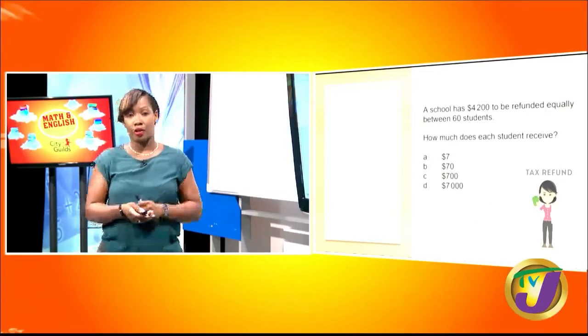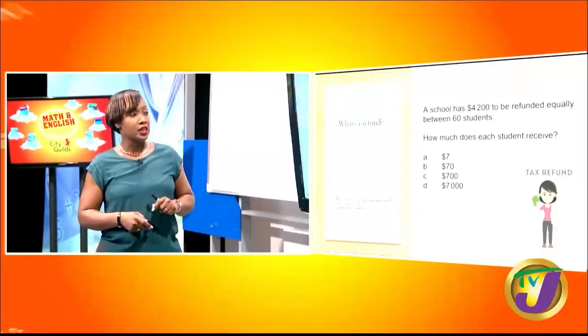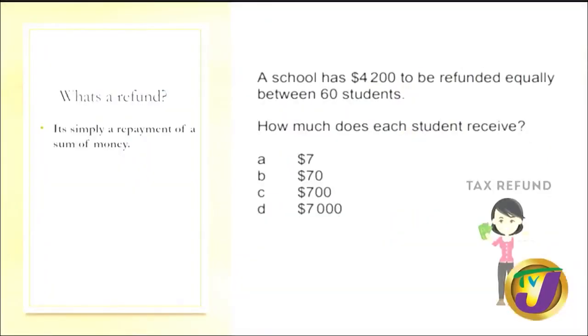Tax refund is just one of them. Here in Jamaica, we also have what we call the NHT refund. Every year you get your National Housing Trust refund if you are contributing to that fund. So a refund is simply a repayment of a sum of money. So they have $4,200 and they want to repay it to the students.